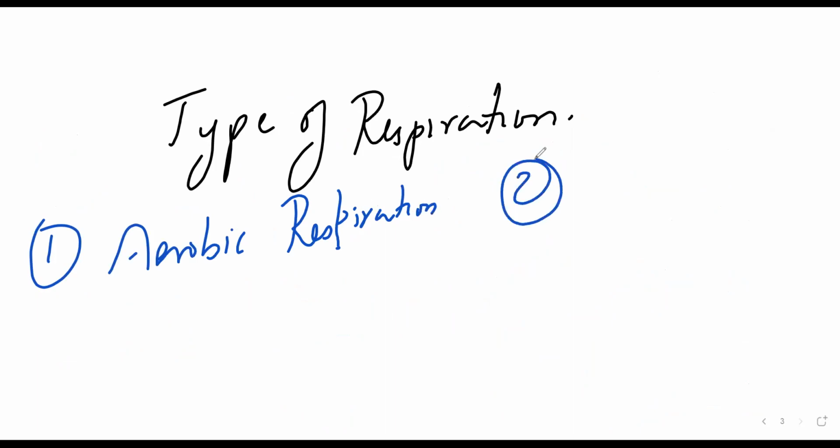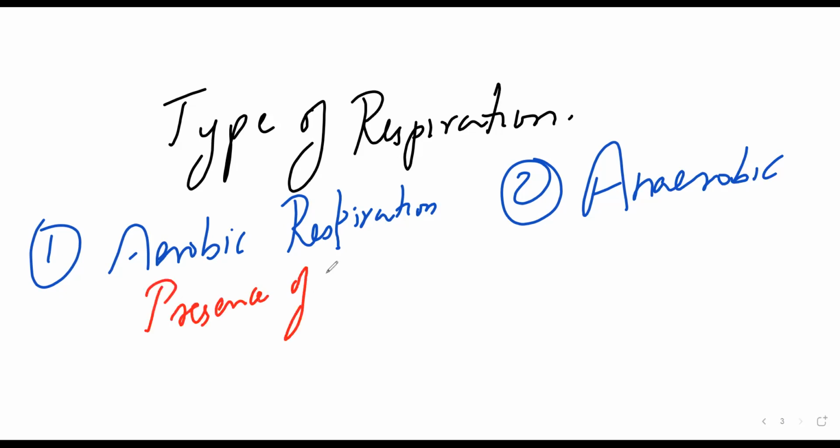Second one, anaerobic. Aerobic, name itself will give. What is it? Aerobic, presence of oxygen. Anaerobic, absence of oxygen.